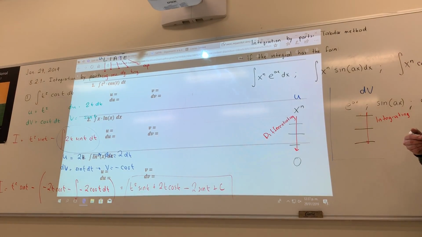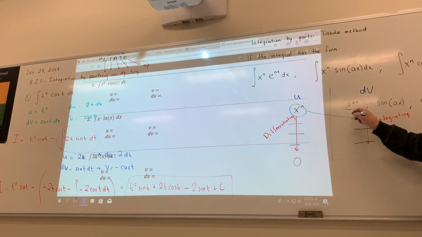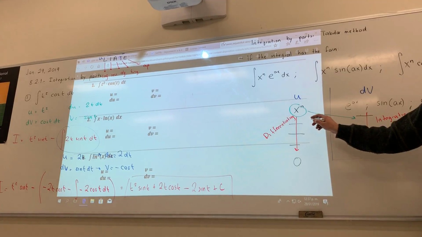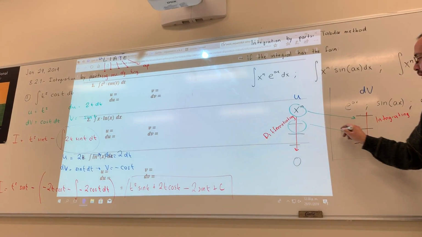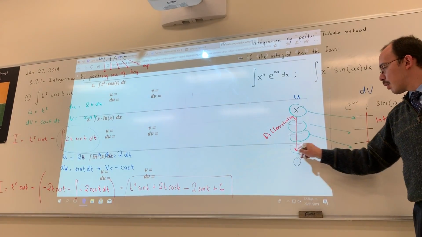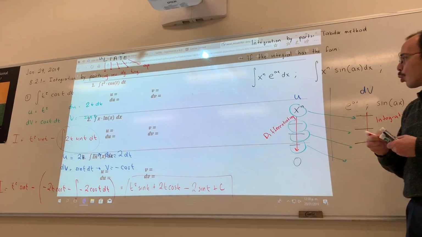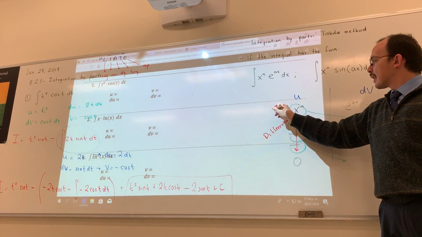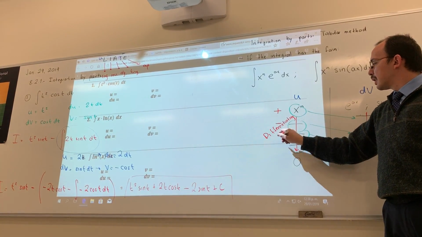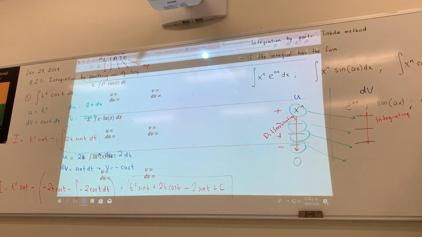Okay? And for each solution, let's say that you have solution, derivative, integral. You're going to multiply this first one times this first integral. Then this one times this one, then this one times this one, and this one times the last one, for example. And before each one of those will be a sign, positive, negative, and the zeros are coming.